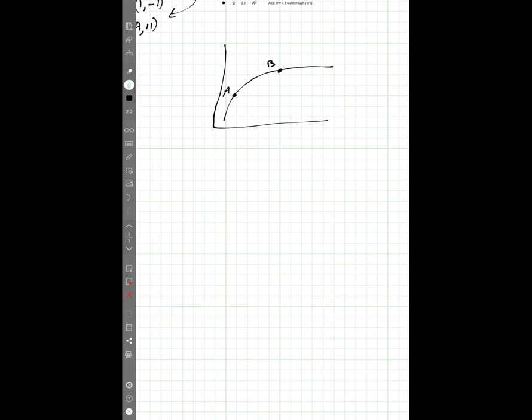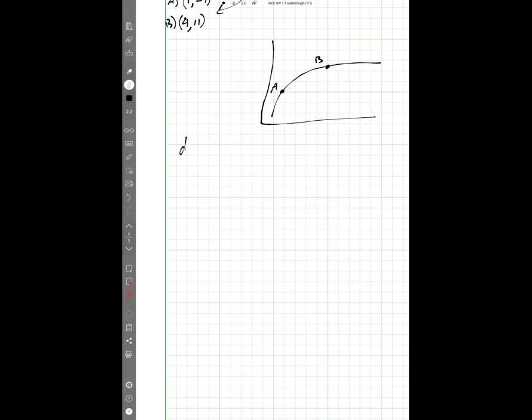What that is saying is the derivative of the curve, dy/dx at C and D, are equal and is the same as line AB.